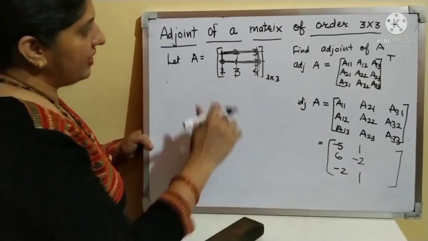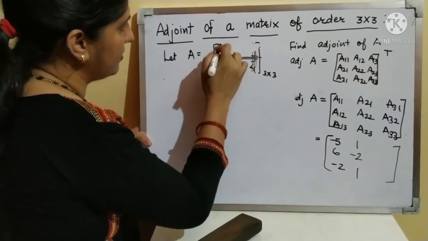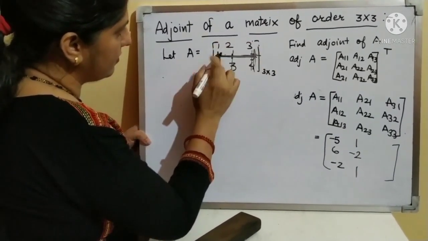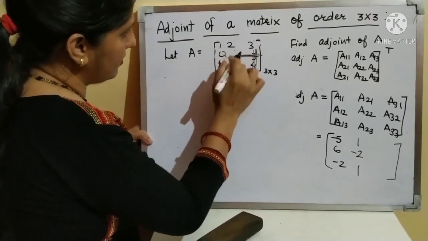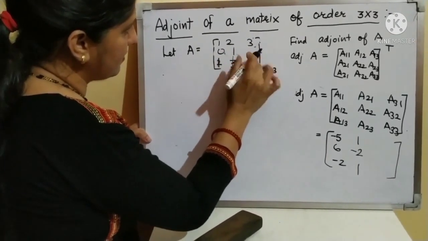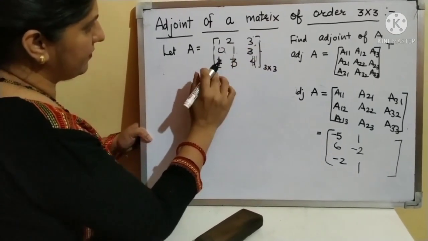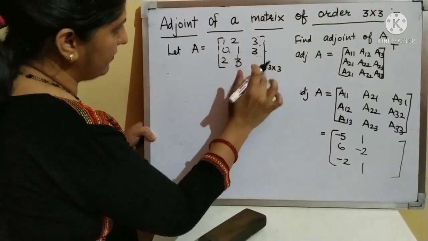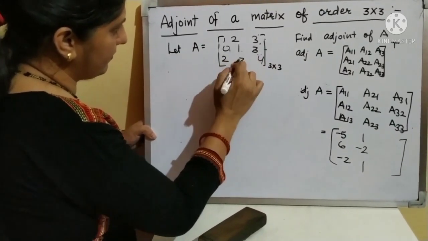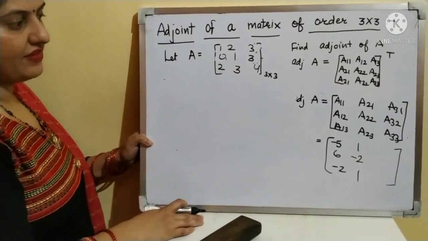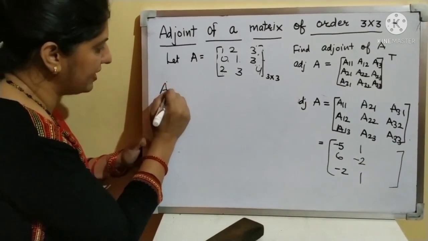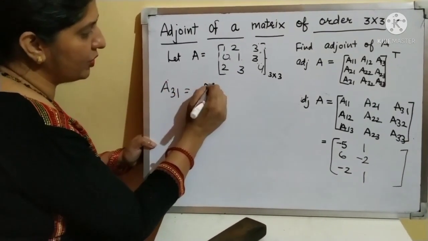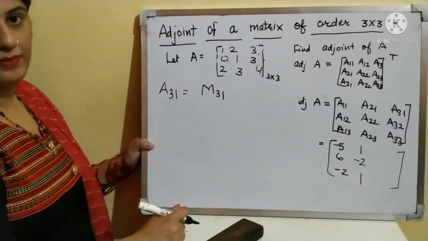In the same way, calculate all other terms. Capital A31. It is also equal to the minor of the corresponding element.